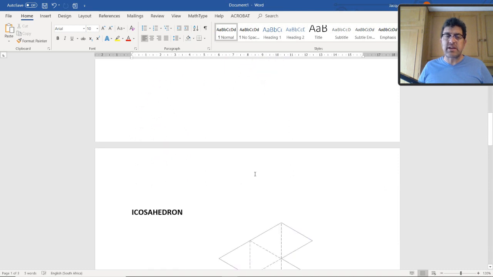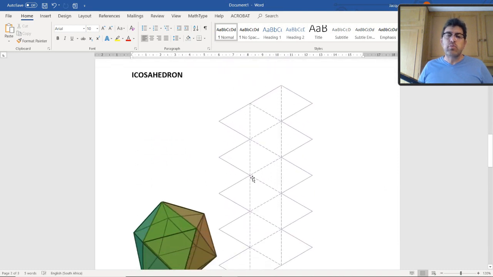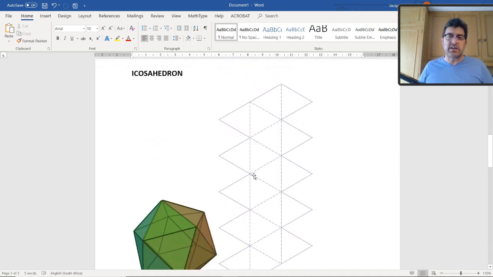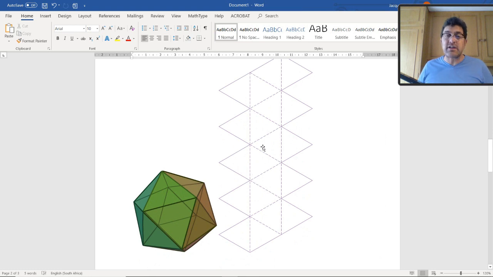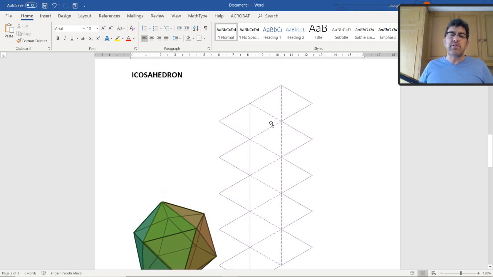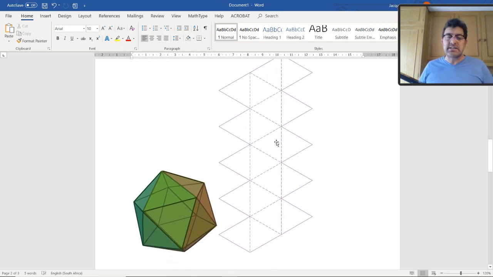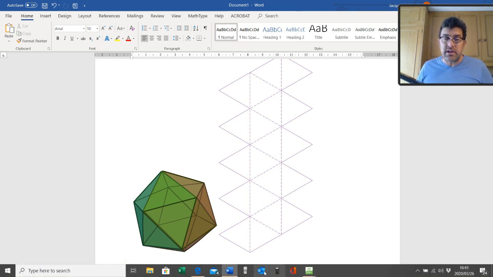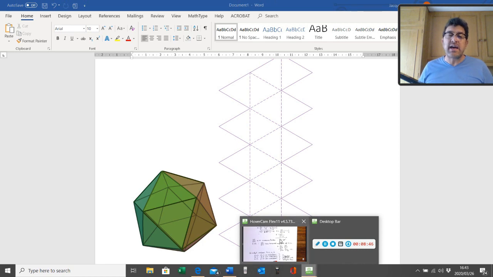You can see those triangular faces are regular. The worst one is the icosahedron. Okay, there are a total of 20 faces. So if you open it up, this is what the net for the icosahedron is going to look like. Okay, there's only 3 of those regular polygons that have triangles as their faces.